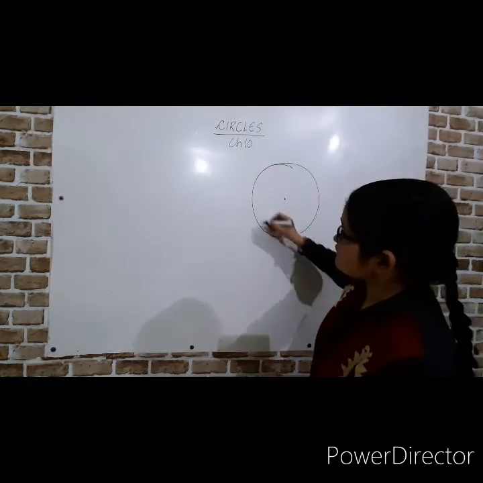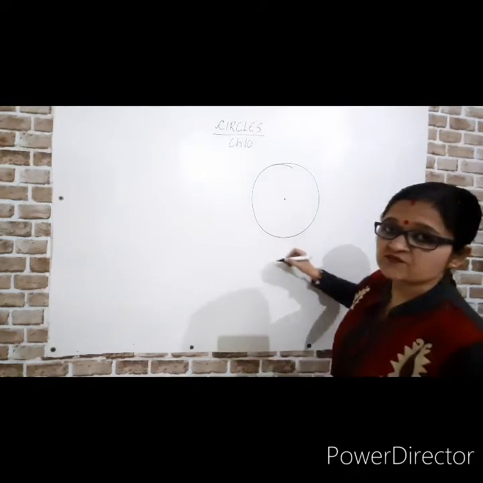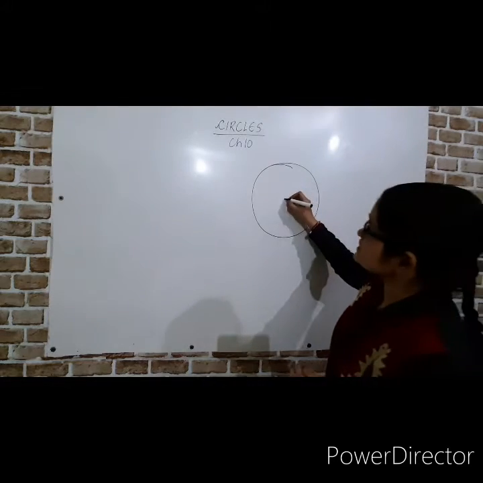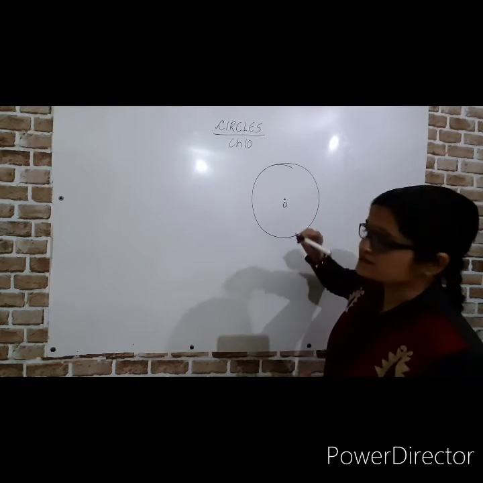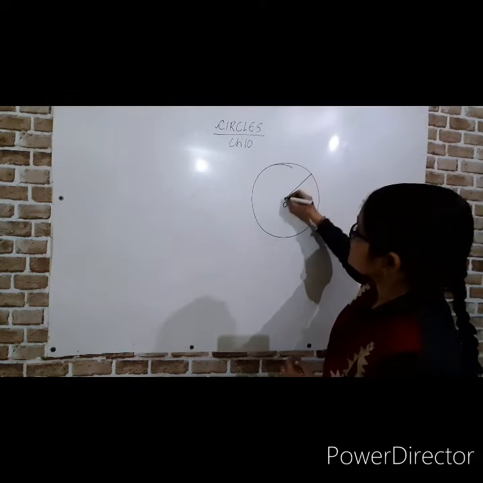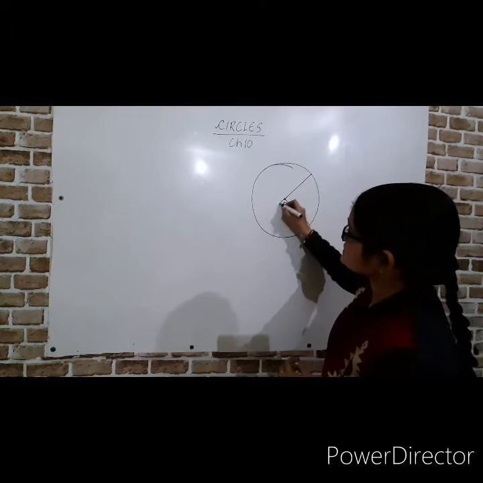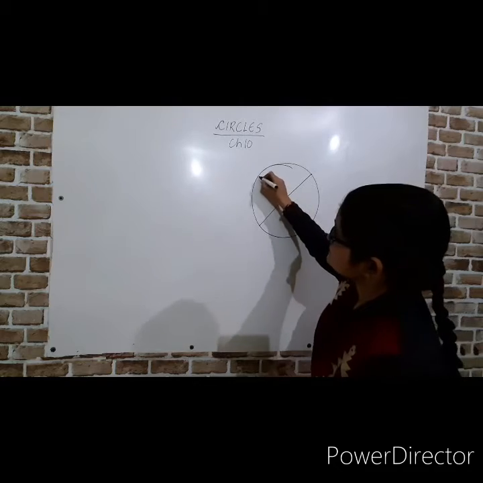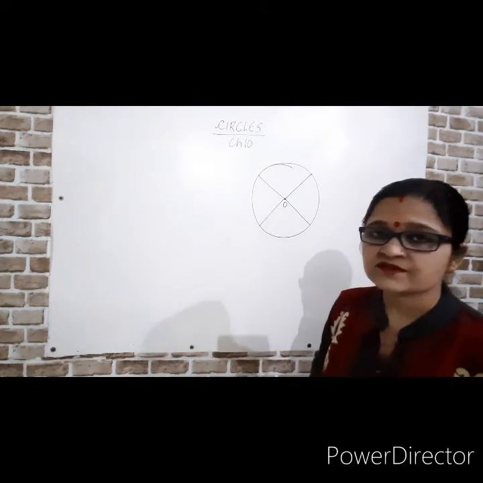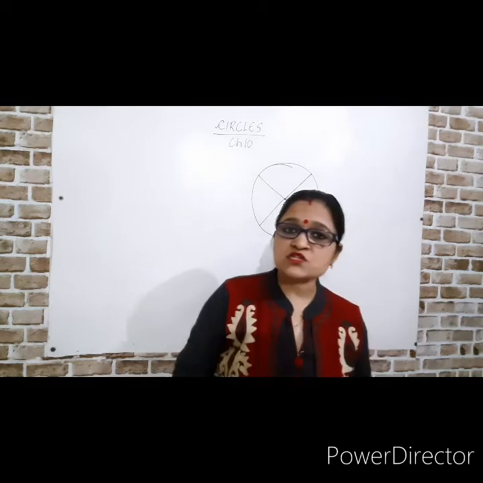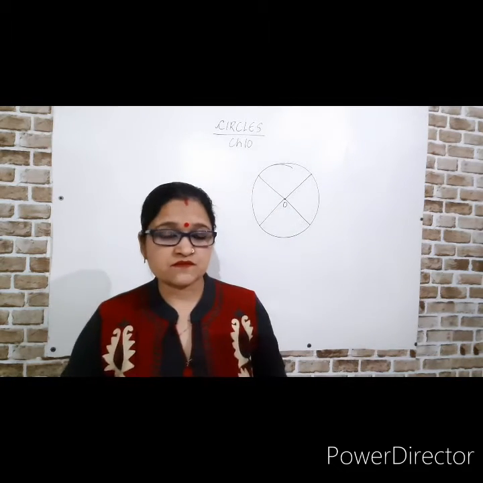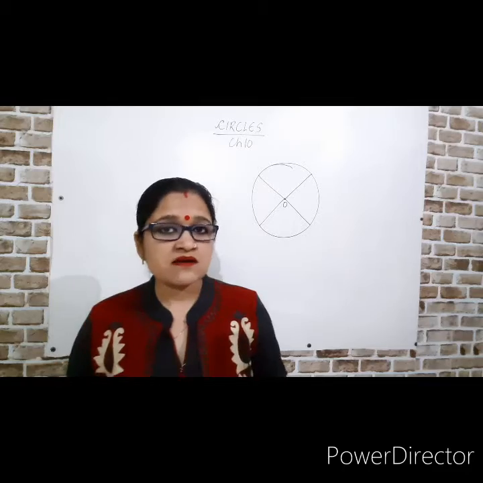Means every point, because infinite points are there on the circle, their distance from this fixed point, which is called the center, is fixed. And all these fixed distances are called the radius.